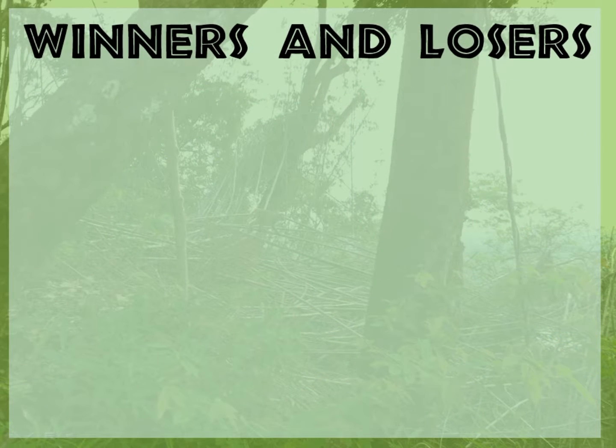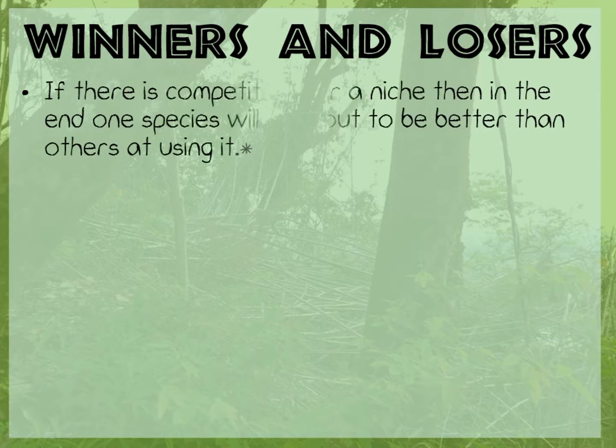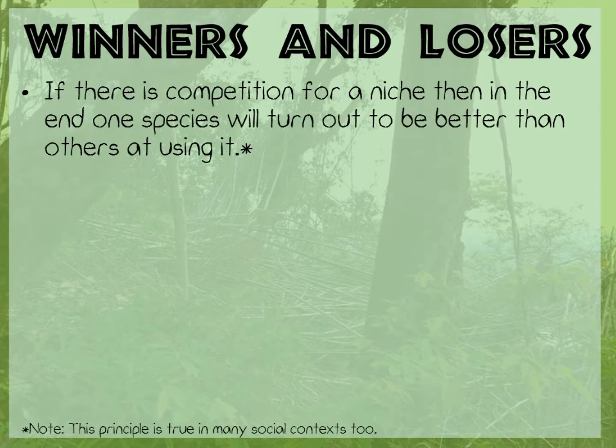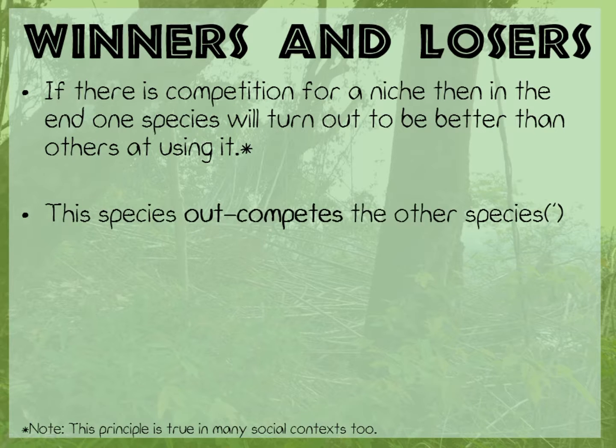So in any form of competition, both plant and animal, there are going to be winners and losers. If there's competition for a niche, then in the end, one species will turn out to be better than others at using those resources. This principle is often true in many social contexts too. So this winning species outcompetes the other species.